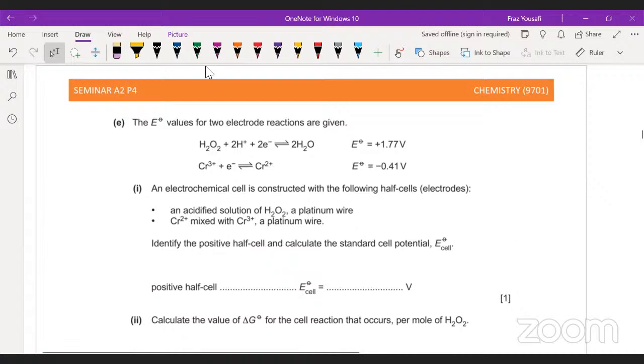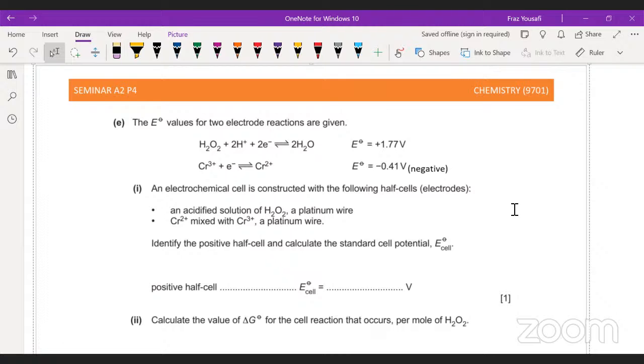Now, here's what we want you to remember. First things first, whichever one has the more negative E naught value, that's going to end up being your negative electrode because that's the one that will oxidize in preference to the other.